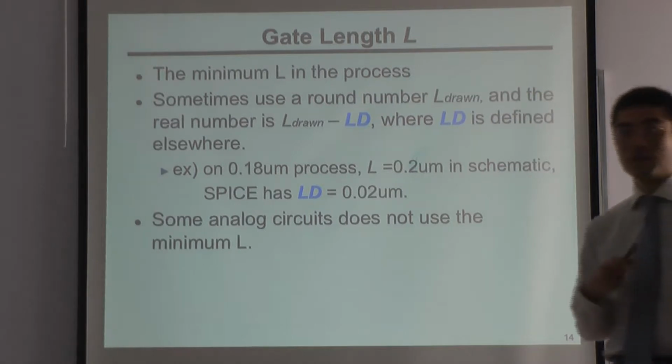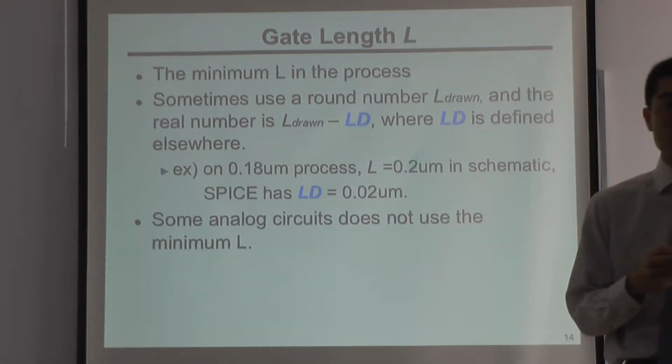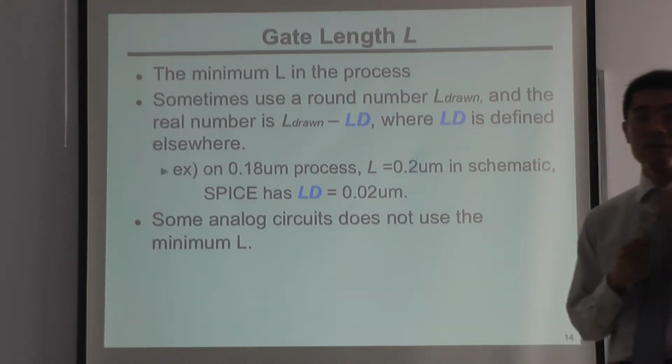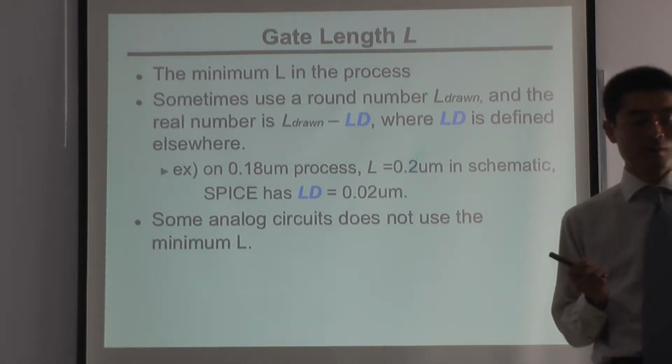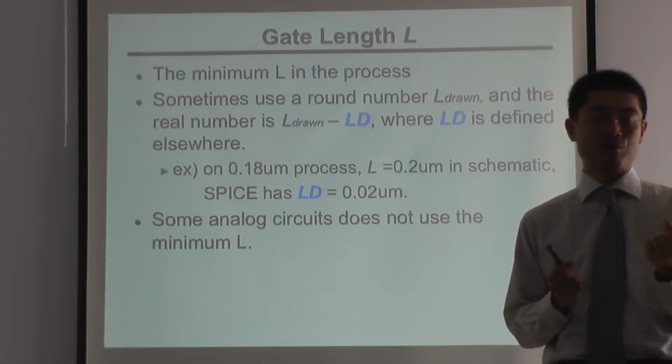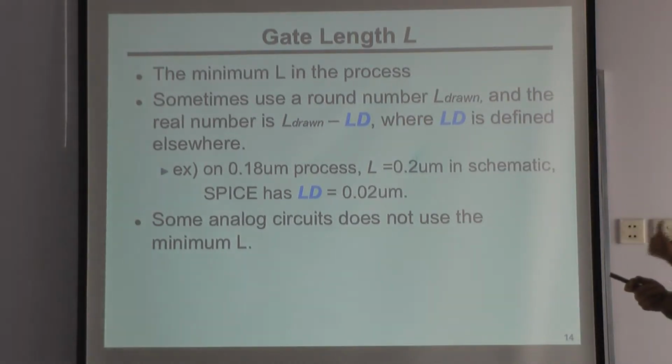So once you have a SPICE simulator, you have to check if there is an LD parameter, what the LD parameters are, what kind of layout we have to use, and what kind of L we have to use. We have to check it before starting your design.